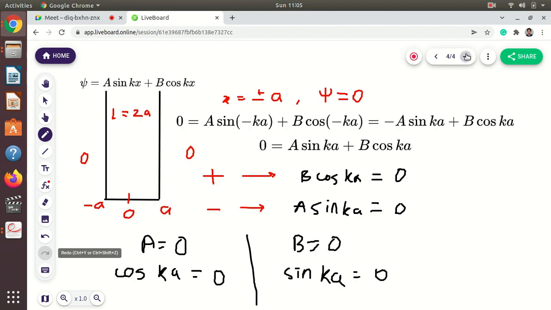Now we will discuss this part. When can cos ka be 0? cos 90, cos 270, that is pi by 2, 3 pi by 2, 5 pi by 2. So when there is n pi by 2, only then cos ka becomes 0.